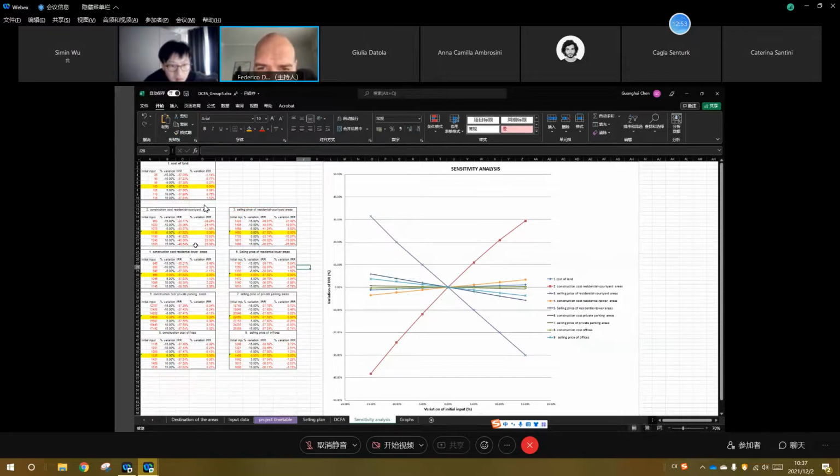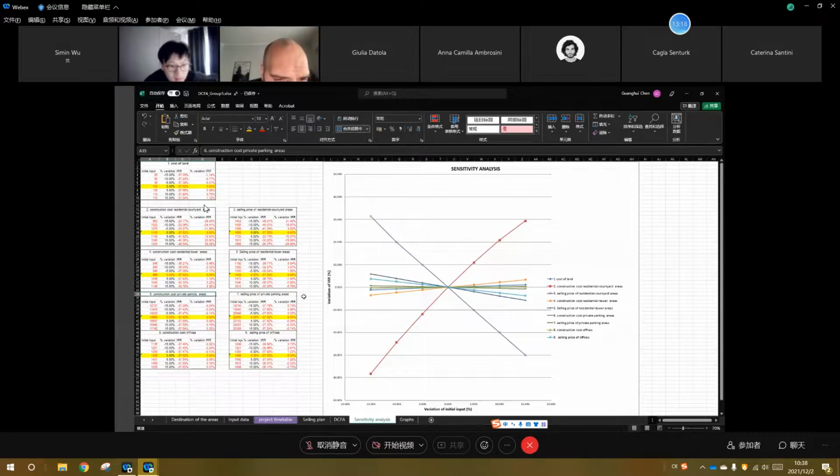in a lower position because this line is a line. So in your case, it is like a curve at the end. It is a little bit strange. But about the construction cost and private parking area, okay, it's correct.